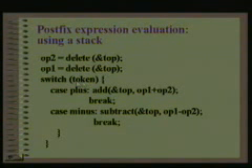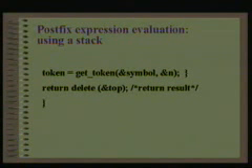If the token is a plus, you do addition. If the token is a minus, you do subtraction by again popping two operands, and so on. And finally, I have to return the result from the stack.